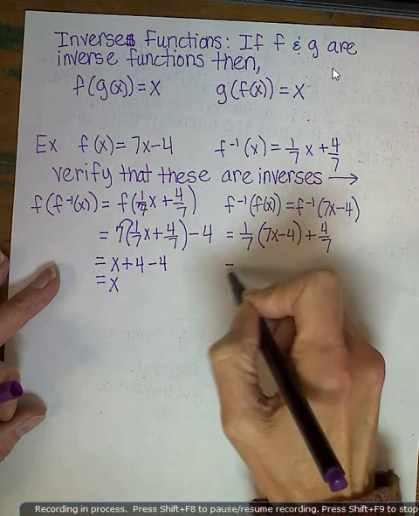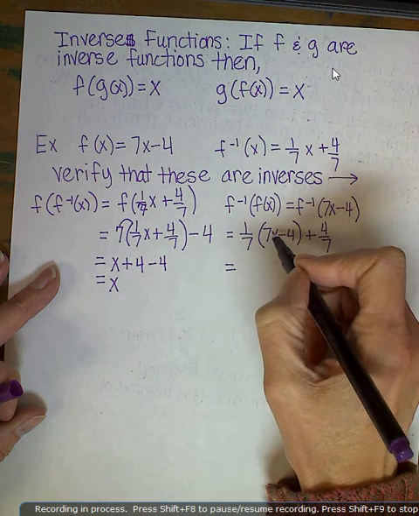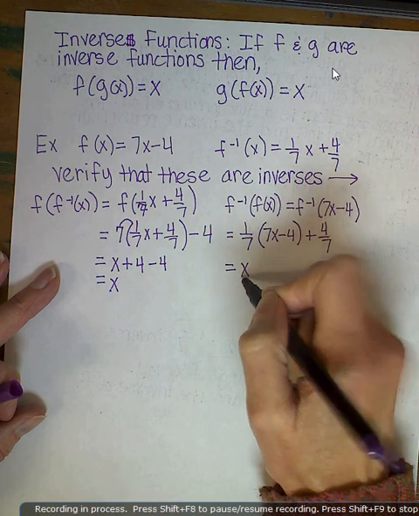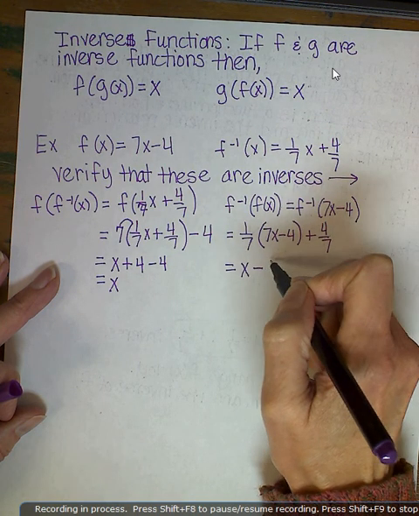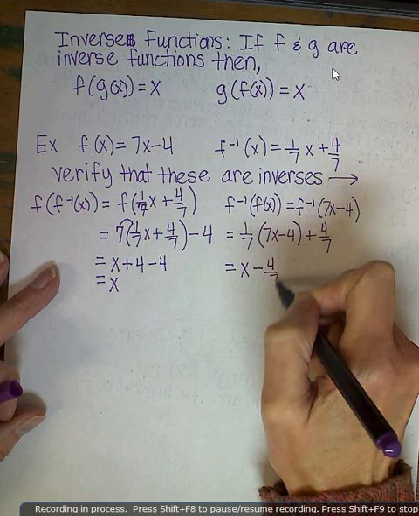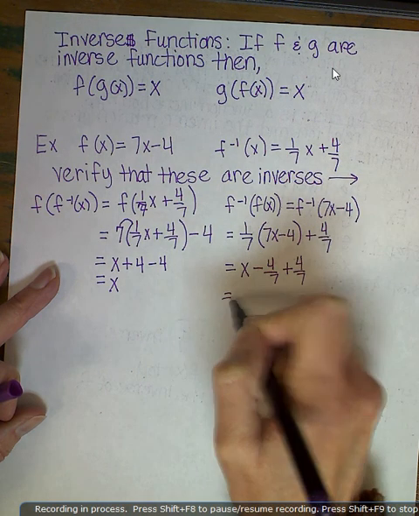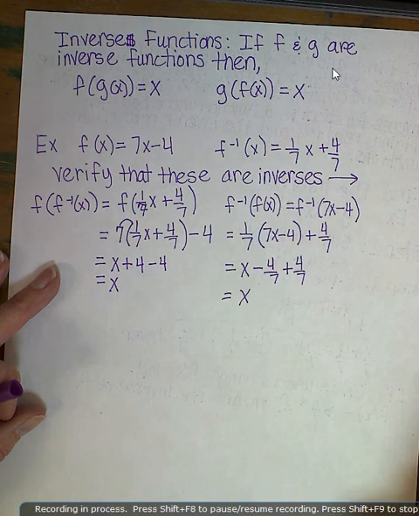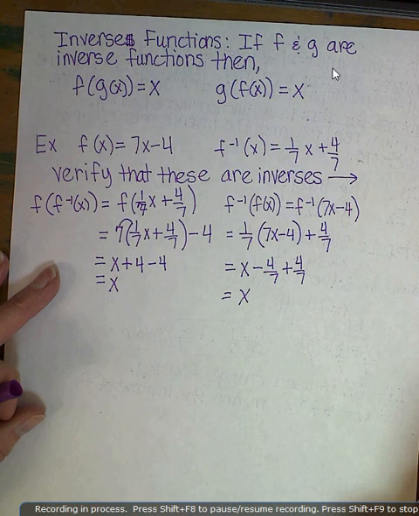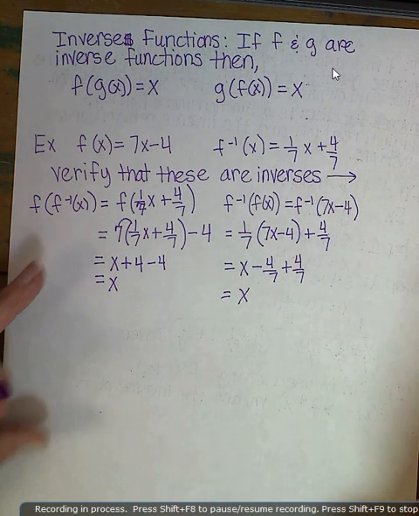Okay? Doing the distributive property again, 1/7 times 7 is x. 1/7 times -4 is -4/7, and I still add the 4/7 at the end, so again, it just comes out to be x. So today, you're going to have to practice your composite function again to show that two functions are inverses.